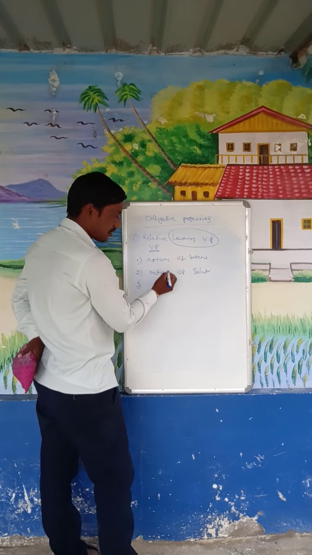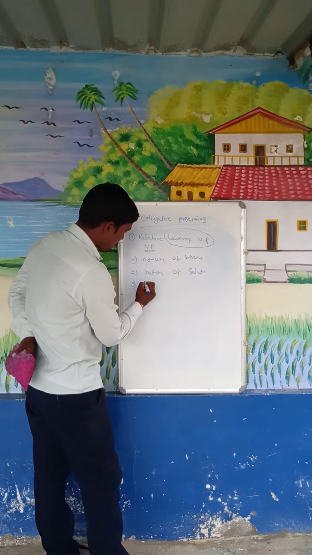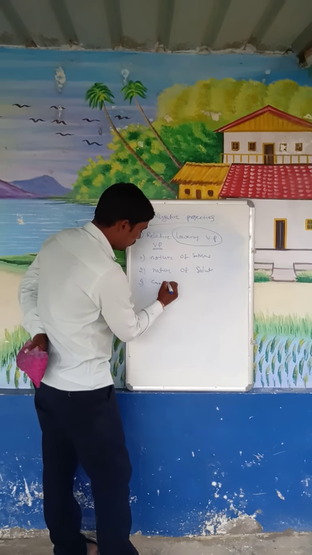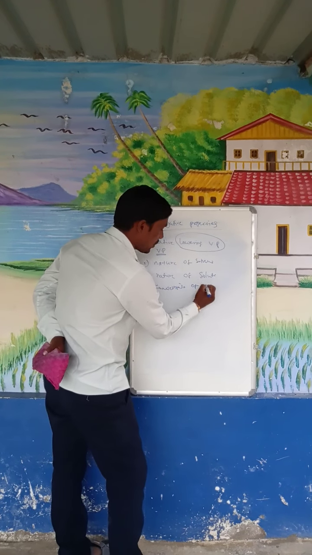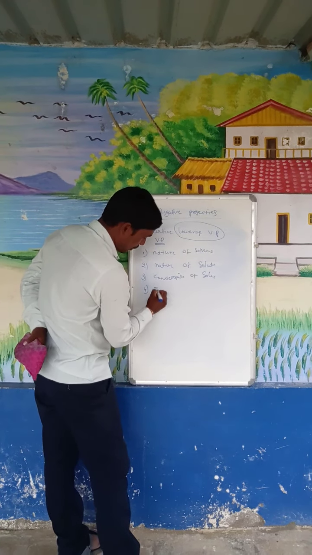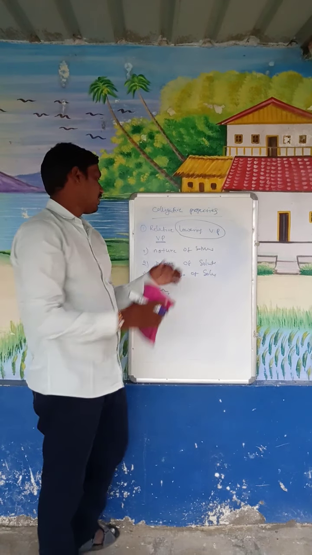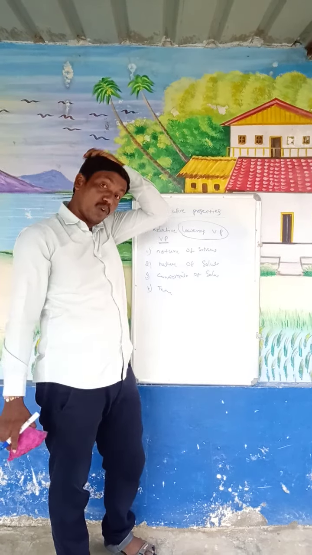The third factor is the concentration of the solution, and the fourth is temperature. If the solvent is volatile, the vapor pressure is more.